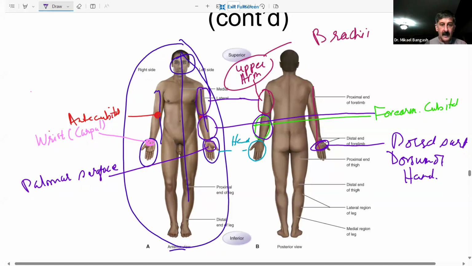But you can say anterior of the forearm, posterior of the forearm, anterior of the upper arm, posterior of the upper arm. Anatomically, this is called the upper arm and forearm.